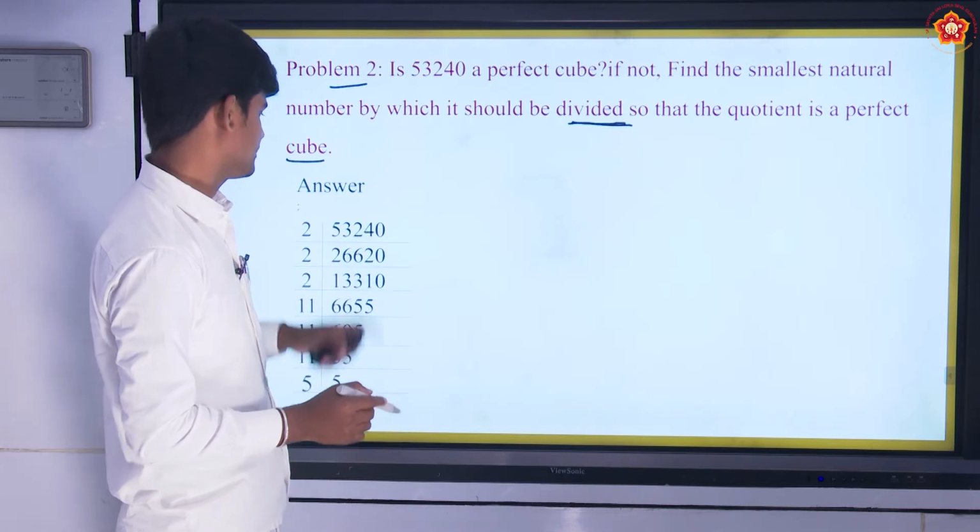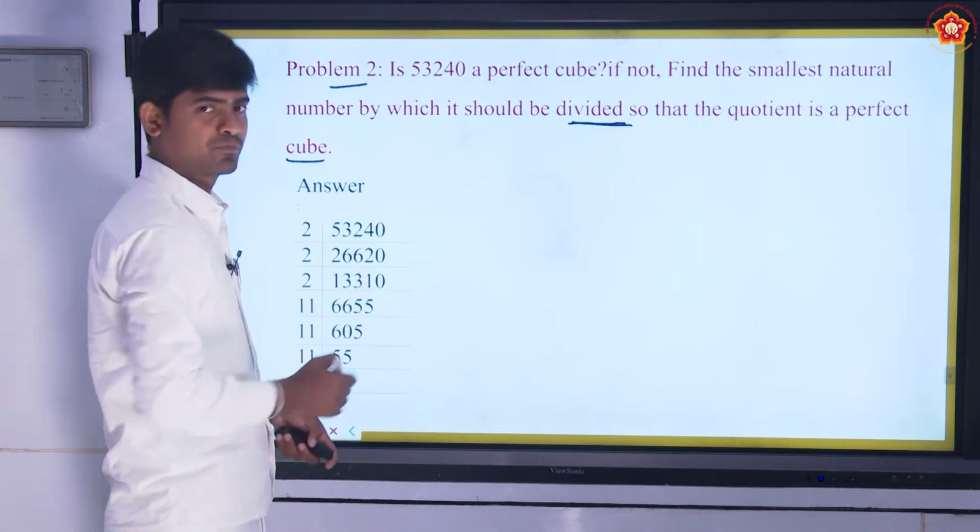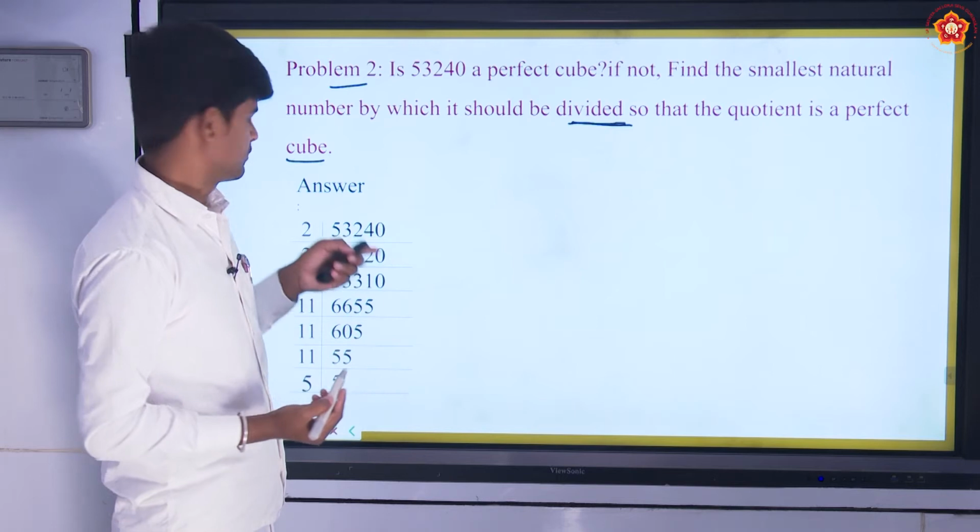Answer: 53240. First, we simplify this through the prime factorization method.